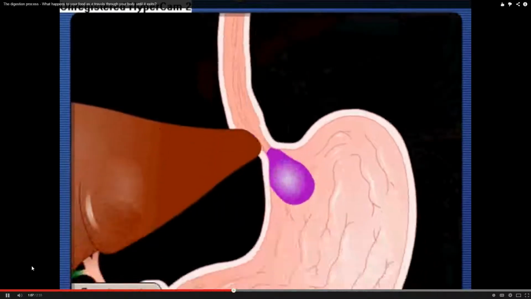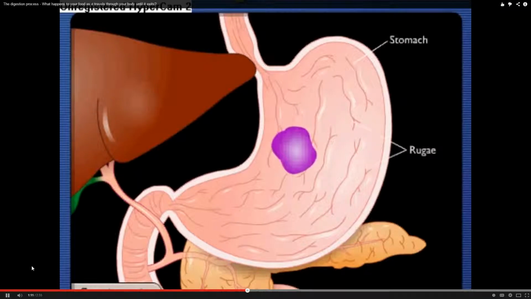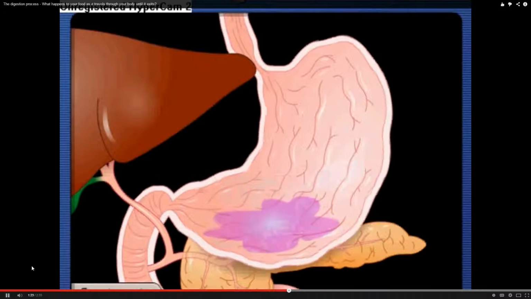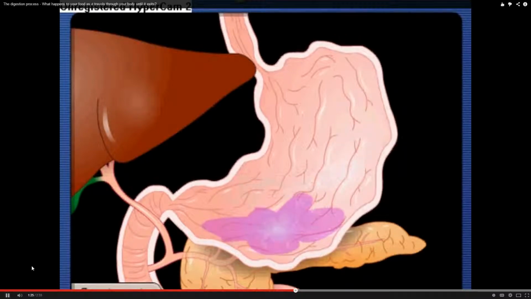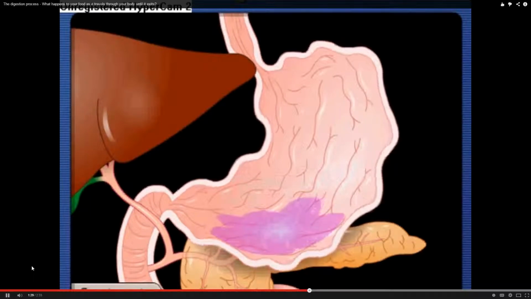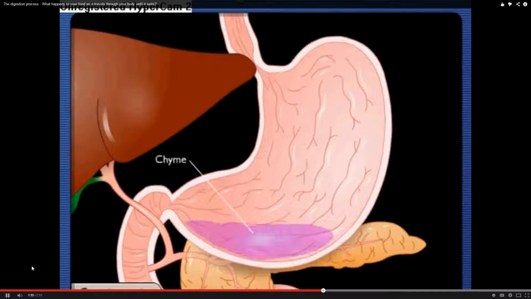The bolus now enters the stomach. Holes in the stomach wall, called rugae, allow for expansion as the stomach fills. Stomach cells secrete hydrochloric acid, pepsinogen, and various regulatory hormones that chemically digest the bolus. Muscular contractions in the stomach churn its contents to further break down the bolus and mix it with stomach secretions to form a thick liquid called chyme.